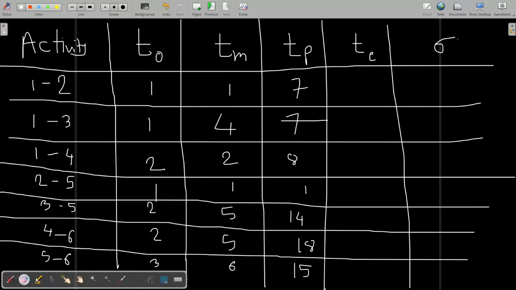All the digits here represent time in weeks.